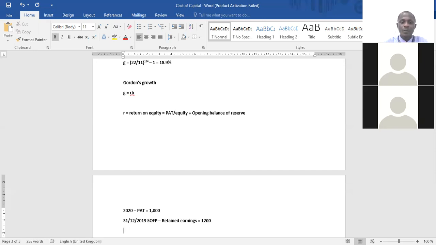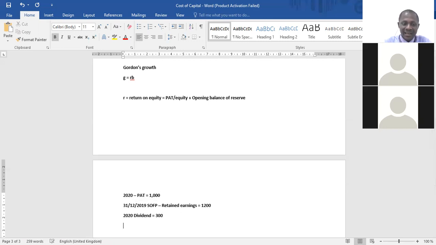I want to explain this opening balance of retained earnings, so that opening balance of reserve, so that you understand it clearly. And of course, in year 2020, I paid dividend of 300 naira. If I pay dividend of 300 naira after the 1,000 naira profit I made in 2020, I will have retained profit of 700.